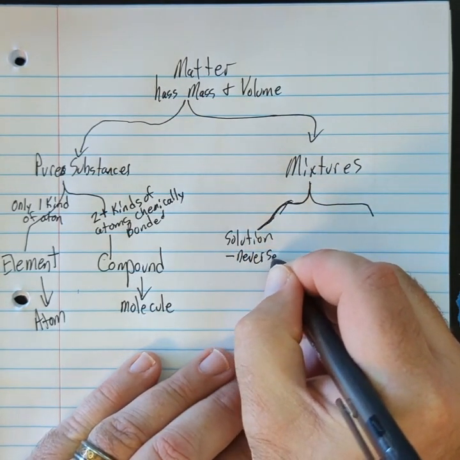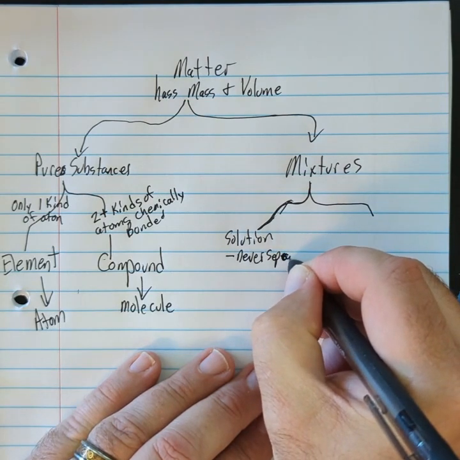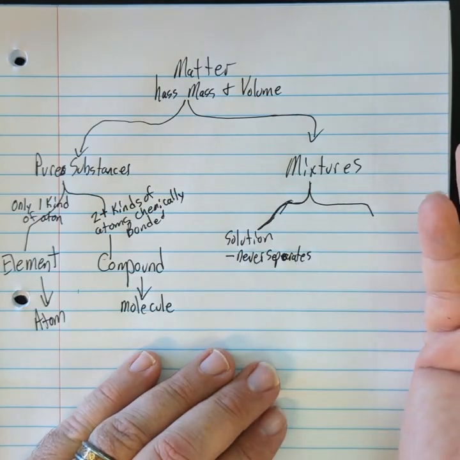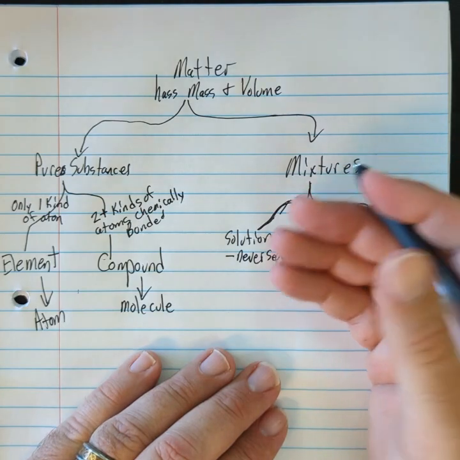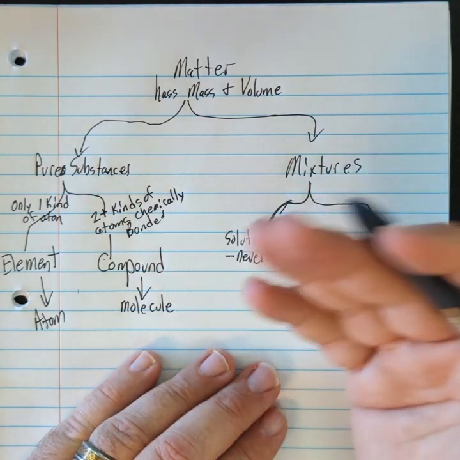Think of tap water. It's a mixture. It's got ammonia added to it, it's got chlorine added to it, it's got air dissolved in it, it's got, of course, water molecules. So it is a mixture, but it never separates.